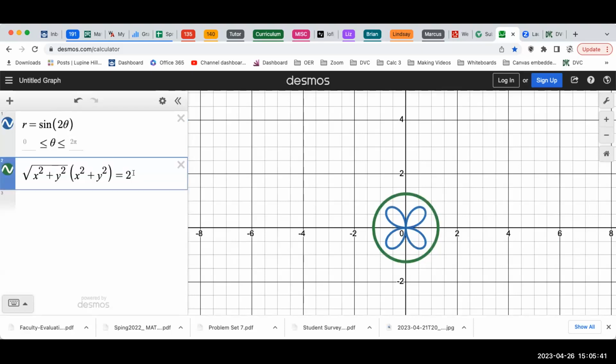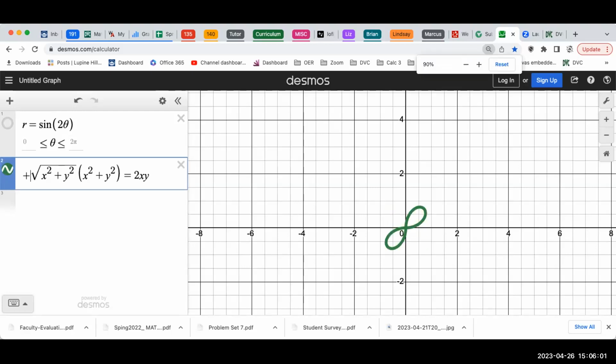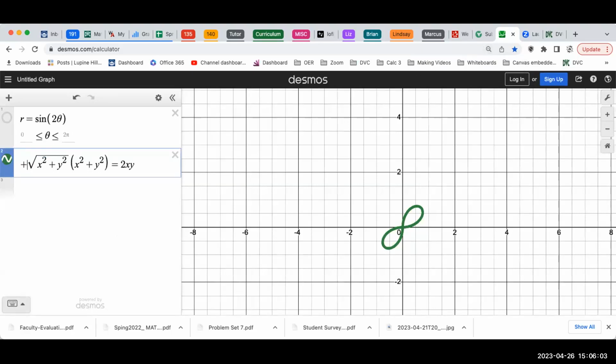So look, when I graph the positive, it only gives me half of it. But if I do the minus, it gives me the other one. Plus or minus would work, but Webassign, normally you don't want an equation with pluses or minuses.